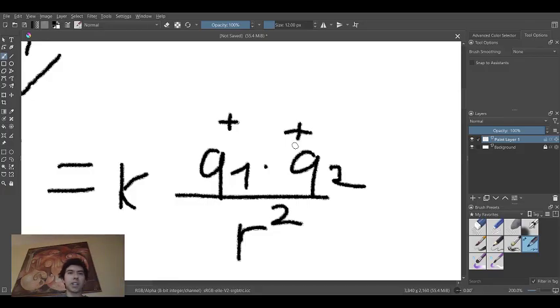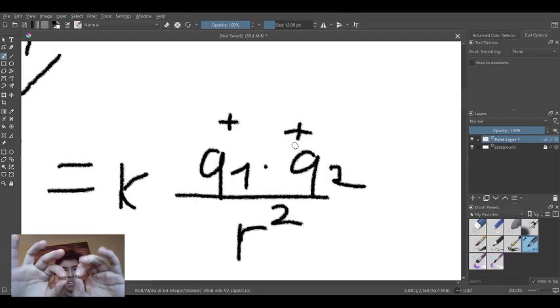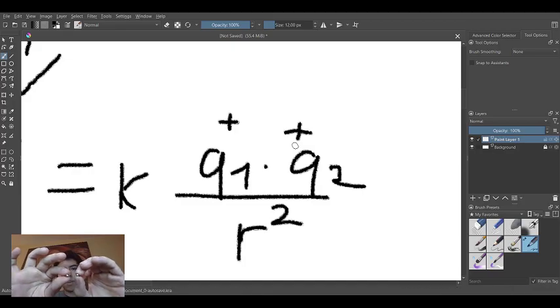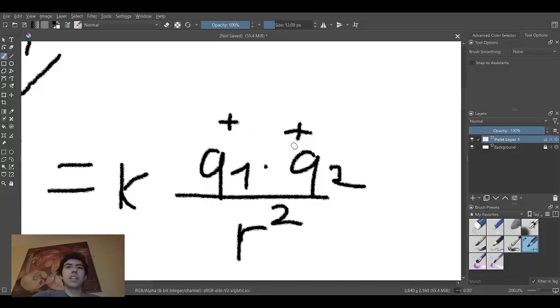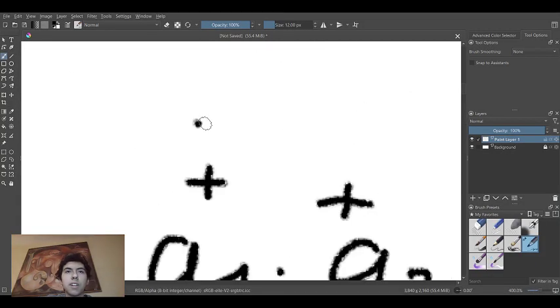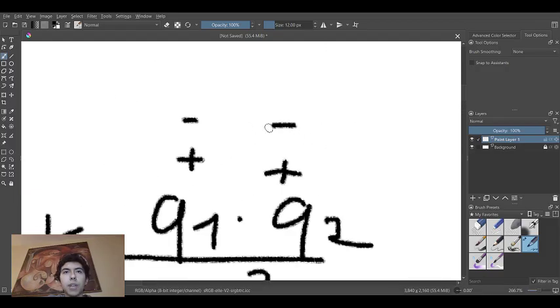Essentially, what we're doing right now is that they are frozen in time and space. No time is passing. So we are measuring the force with which they are interacting, even though they are not moving. This is essentially the force that I feel right now with these magnets. If they are both charged positively or negatively, they will separate.